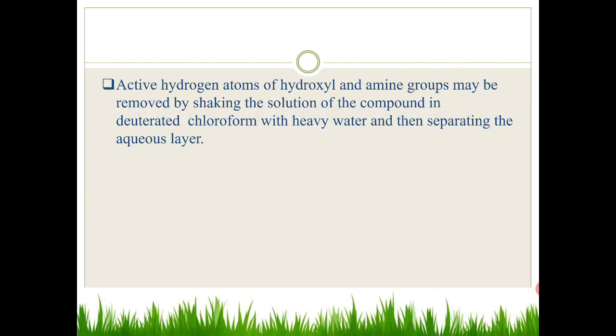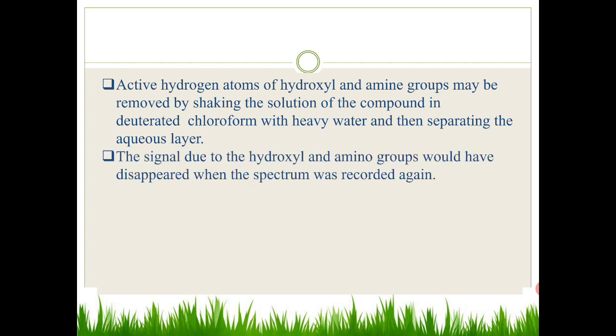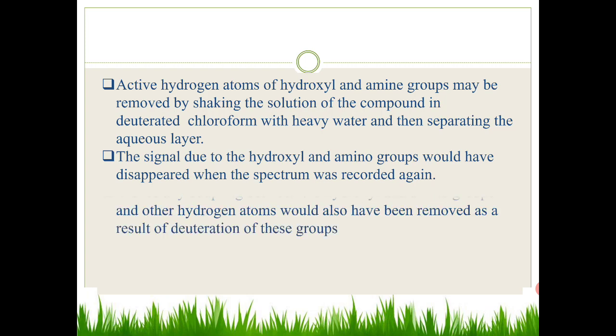Again, the active hydrogen atoms of hydroxyl and amino groups may be removed by shaking the solution of the compound in deuterated chloroform with heavy water and then separating the aqueous layer. The signals due to the hydroxyl and amino groups would have disappeared when the spectrum is recorded again.